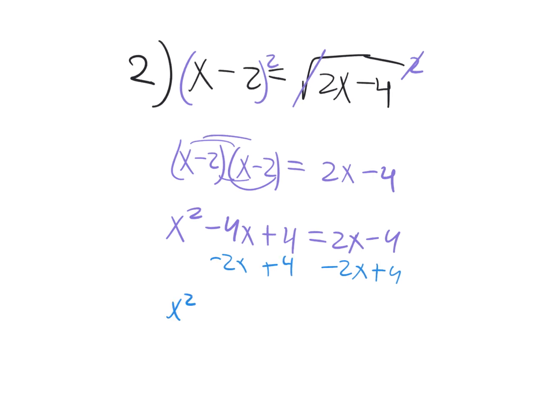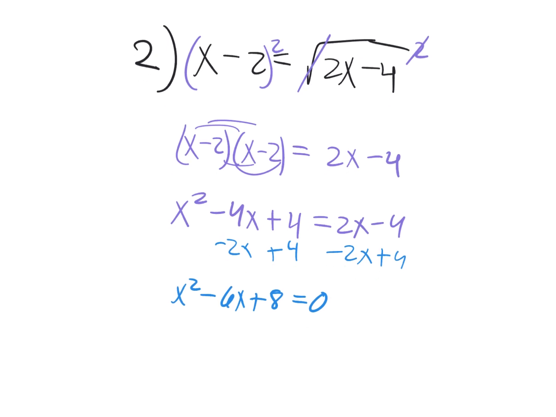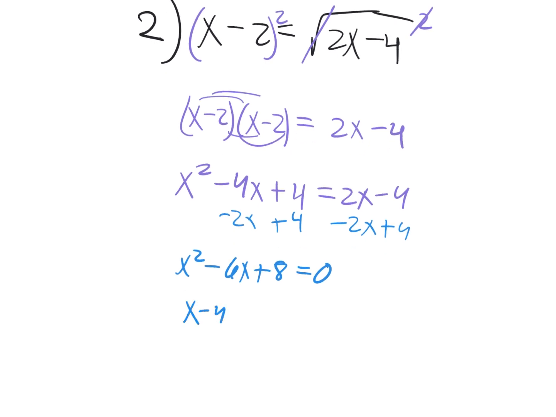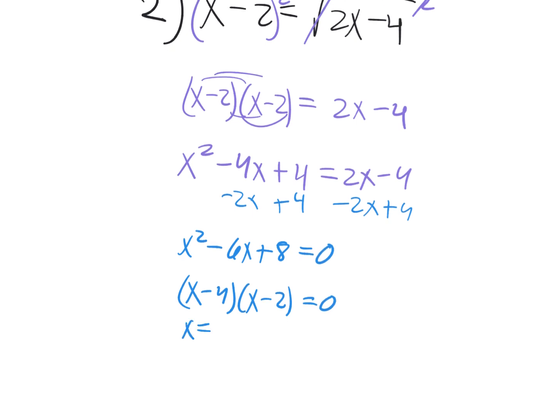And then we get x squared minus 6x plus 8 equals 0. And now we want factors of 8 that add to negative 6. There's going to be a negative 4 and a negative 2. So we get 2 answers here: x equals 4 and x equals 2.